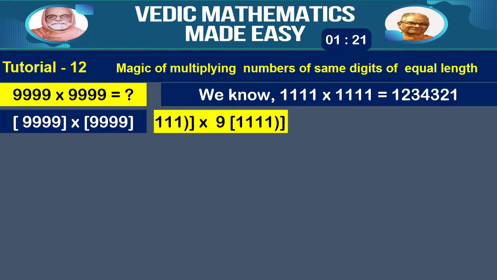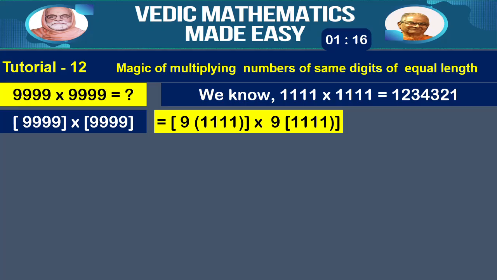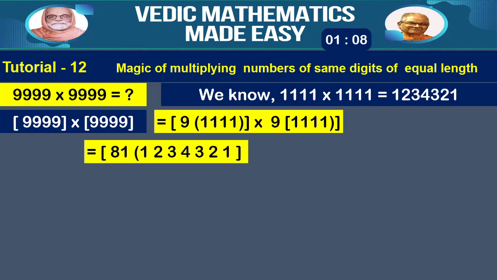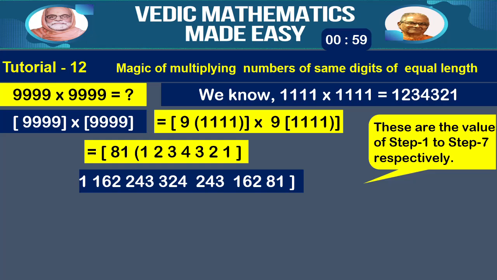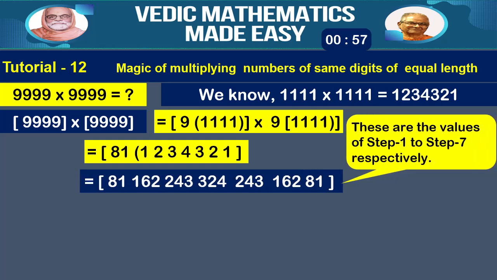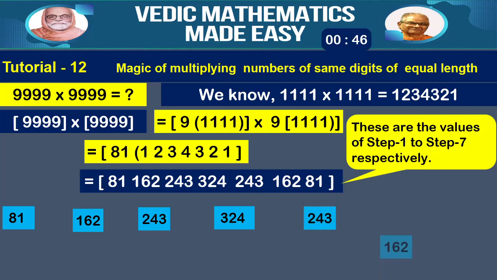Then we get 9 into bracket 1111 into 9 into bracket 1111, and that is equal to 81 into bracket 1234321. By multiplying each digit by 81, we get 81, 162, 243, 324, 243, 162 and 81.